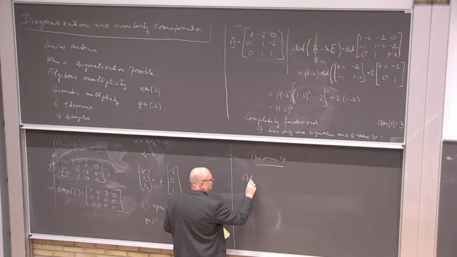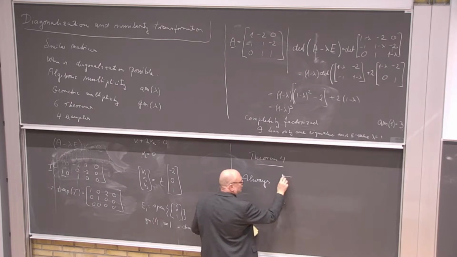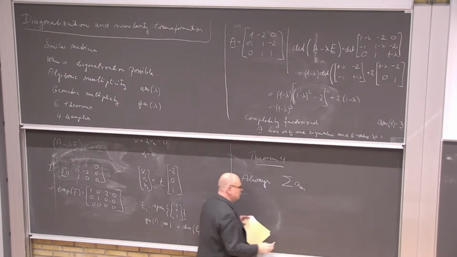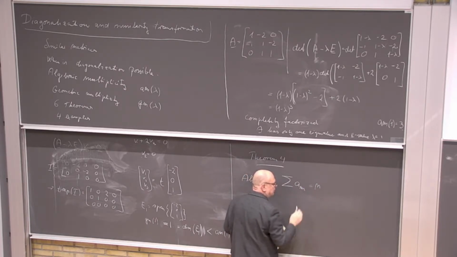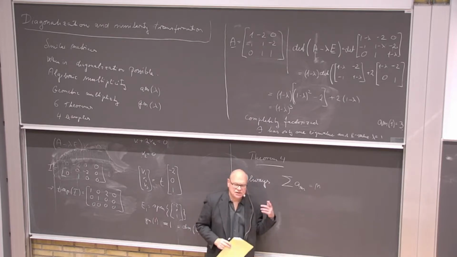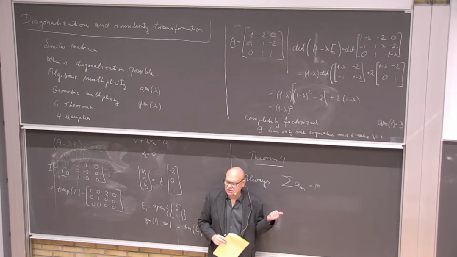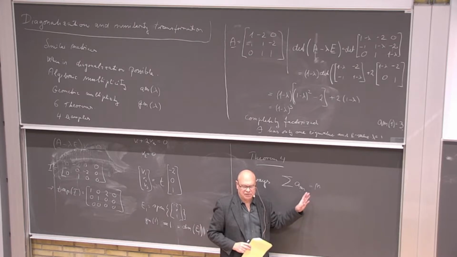You have always that the sum of the algebraic multiplicities is equal to n. That is, if you take all your different eigenvalues and sum the corresponding algebraic multiplicities, then you get n. This is due to the fundamental theorem of algebra.